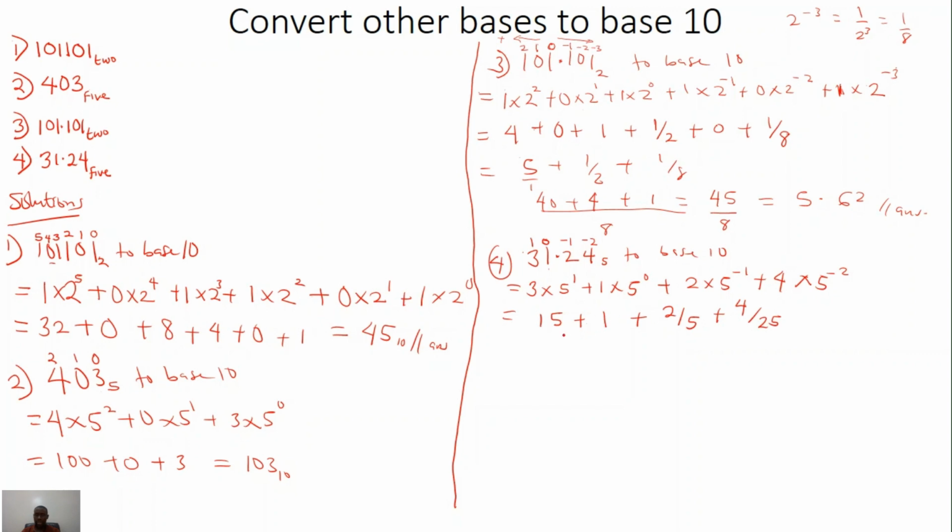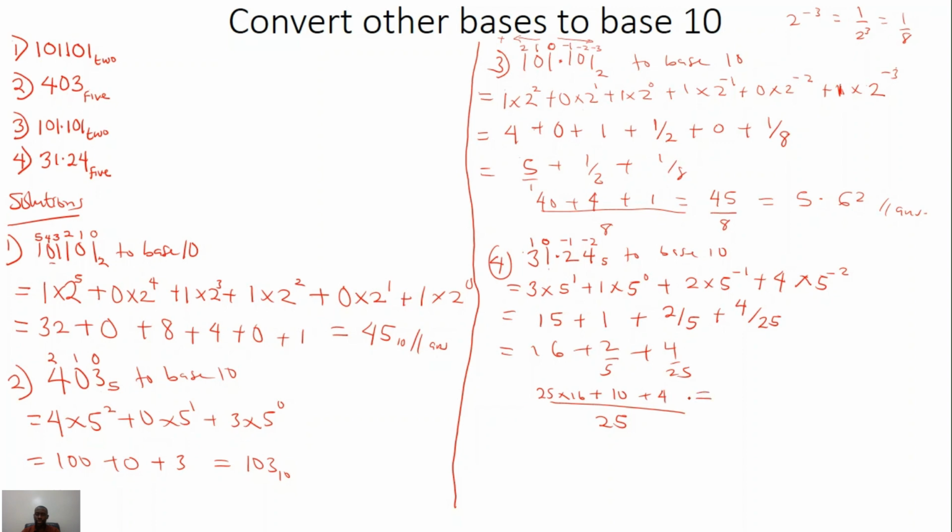Okay, so this will be equals to 16 plus 2 over 5 plus 4 over 25. If we take the LCM, 25, 1 in 25, that's 25, times 16, that will be 25 times 16 plus 5 in 25, 5 times 2, that's 10, plus 25 in 25, that's 1 times 4, that is 4.